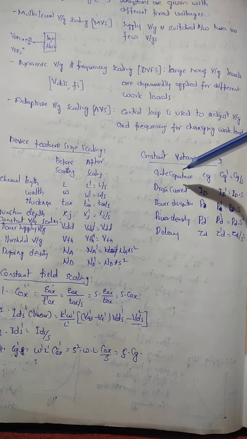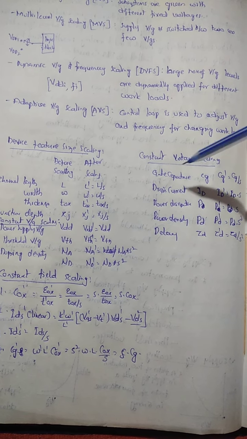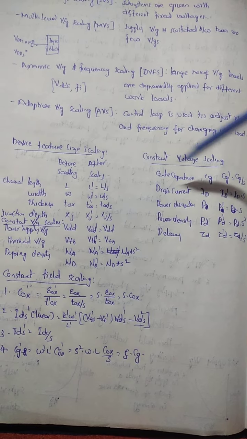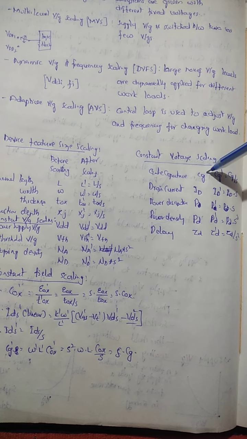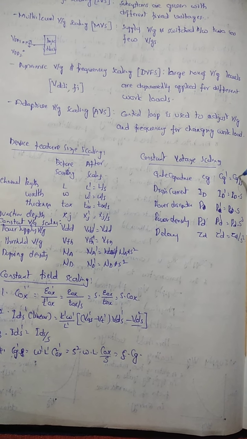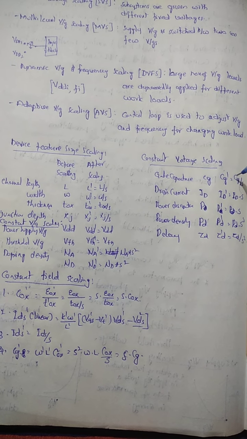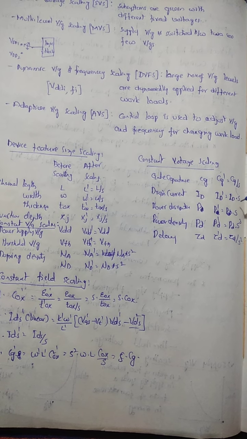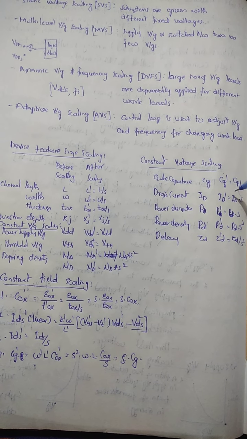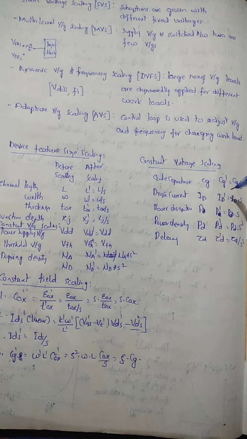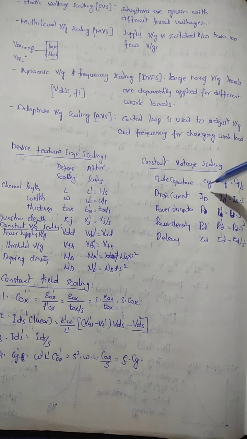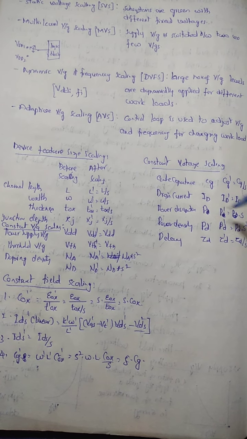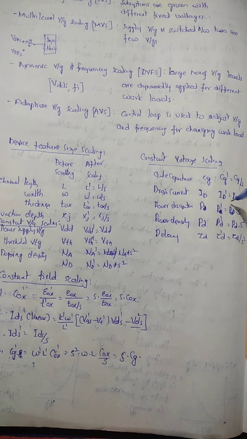Looking at the impact, the gate capacitance is reduced by a factor of S. The drain current increases by a factor of S, because the supply voltage is more. As a consequence, power dissipation increases.